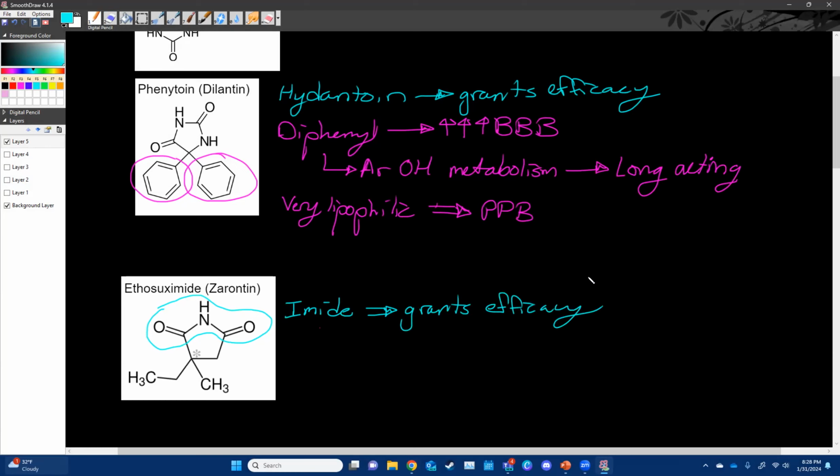That's really all there is to say about it. The problem with imides versus the hydantoin is that this is much more easily metabolized. So this means that for ethosuximide, the duration of action is shorter than phenytoin.